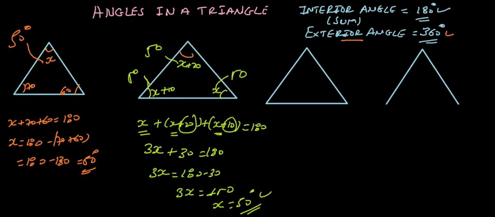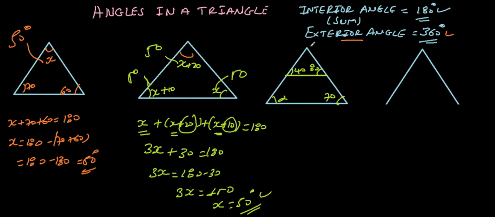The other example, if it is given to you like this, if there is a line like this, and if this one is 40 degrees, and if this one is 80 degrees, and if this one is alpha, and if this one is 70 degrees, how are you going to find the alpha value?